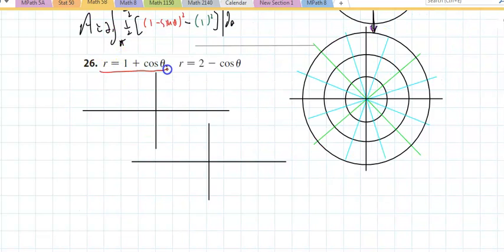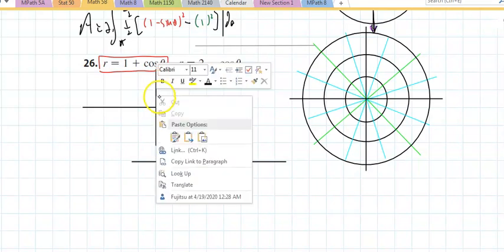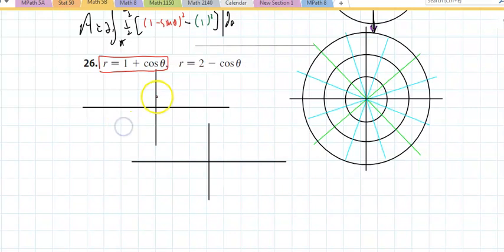And here I have two graphs. The first graph, r equal 1 plus the cosine of theta. Oh, this is not centered properly. There we go. So if I go up 1 unit to r equal 1, and I move a unit above it and a unit below it, a unit above is r equal 2, a unit below is r equal 0.